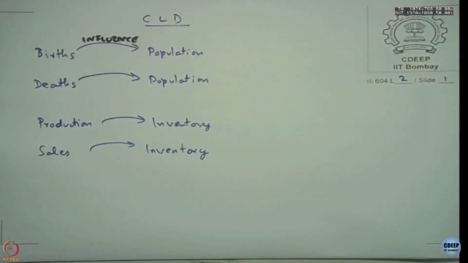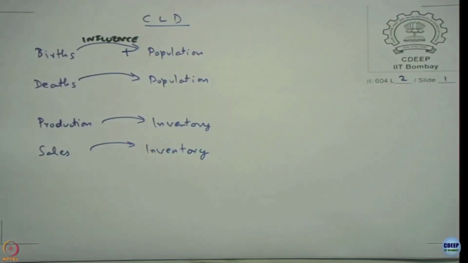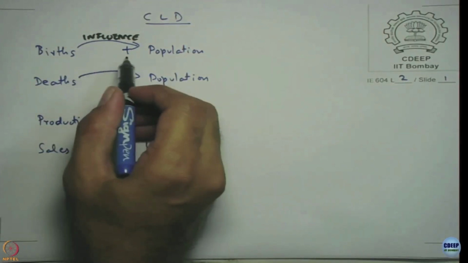Here we want to visually represent how births affect the population. As more births happen, the population increases. So, it is in the same direction. We indicate it by a plus symbol on the causal link.